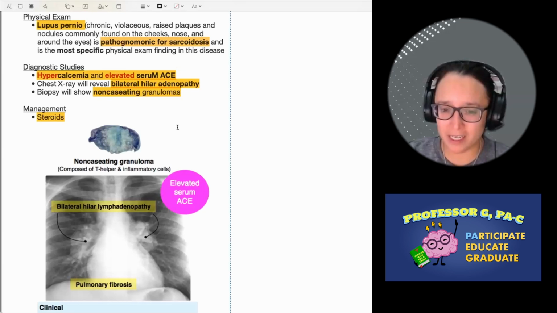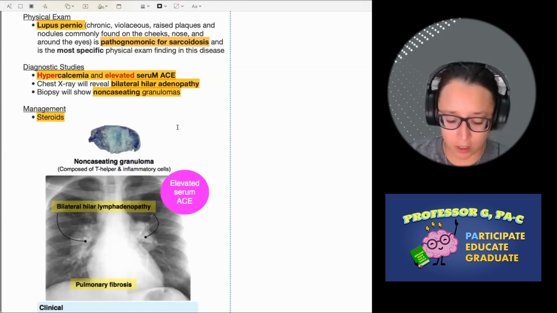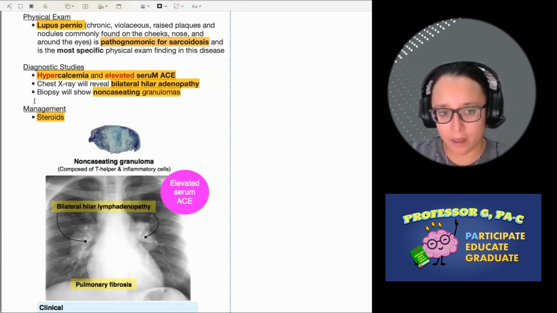It just kind of mentions it and then asks what you would do. So I think it's a bad question. But if you come across it, you'll see a patient with sarcoidosis that is mild, and you would do supportive care. And then if they get worse, then you would use steroids, because steroids do have some side effects that are not good.